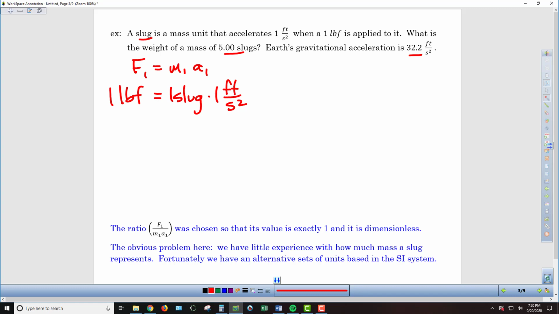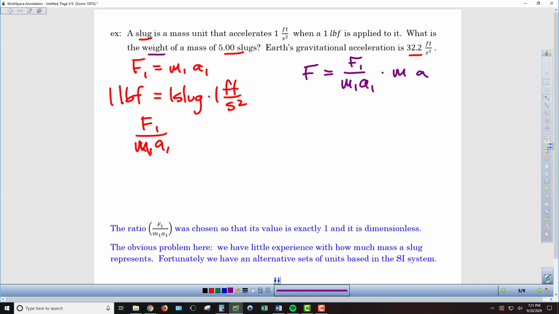So if I rearrange this into F1 over m1 a1, then we're going to still equal 1, and all of these units are defined to cancel each other out. So if I write the F equals ma with this constant of proportionality, we'll include it this time. So again, F1 over m1 a1, so this is our 1 over g sub c times ma.